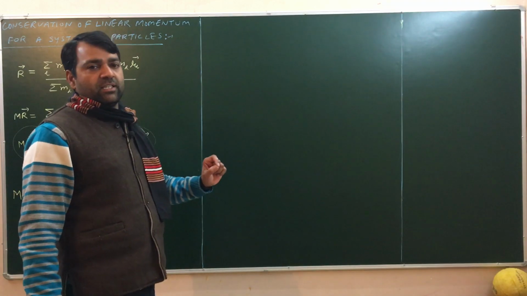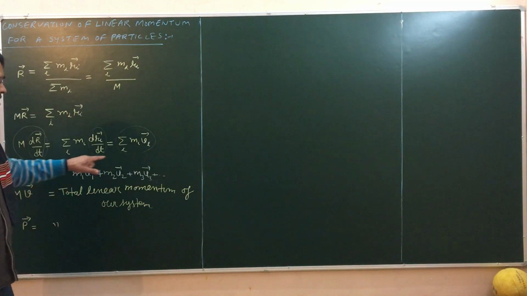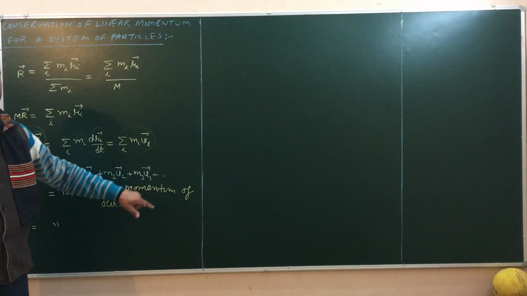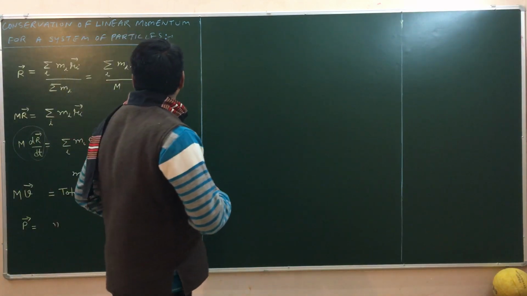We can easily find the vector sum just by calculating the mass of the system and the velocity of the center of mass and simply multiplying them. So student, we have defined a new quantity p, which is the linear momentum of the center of mass and which is equal to the vector sum of all the individual momenta of the particles.